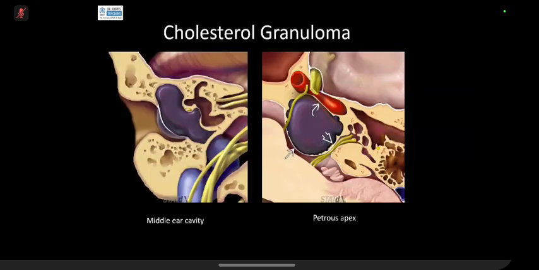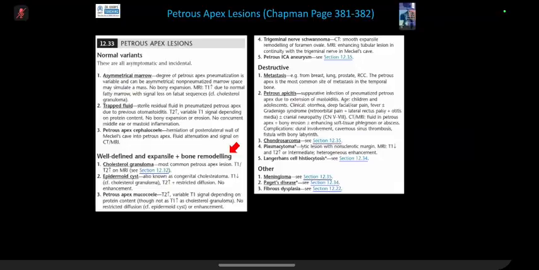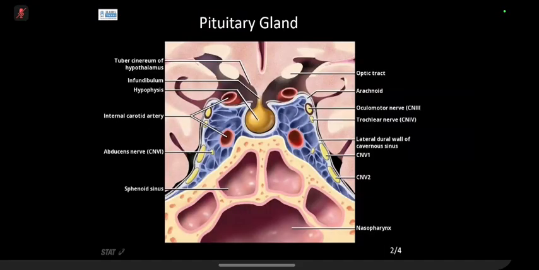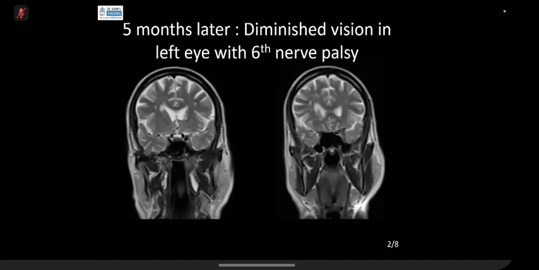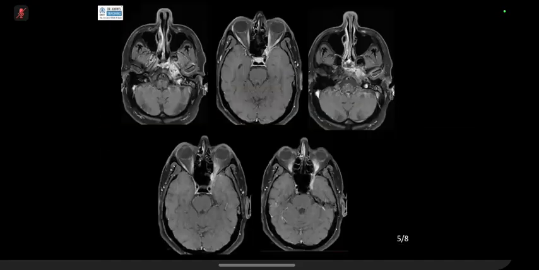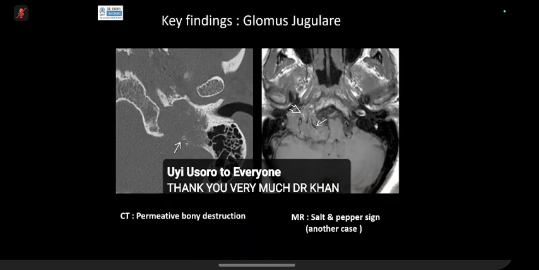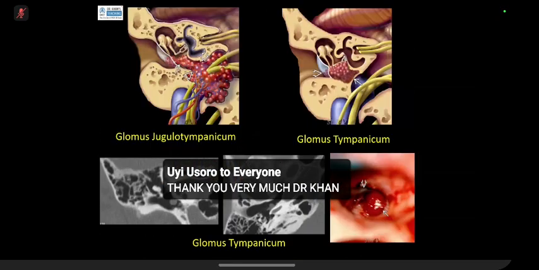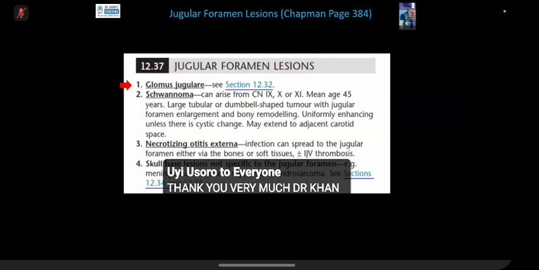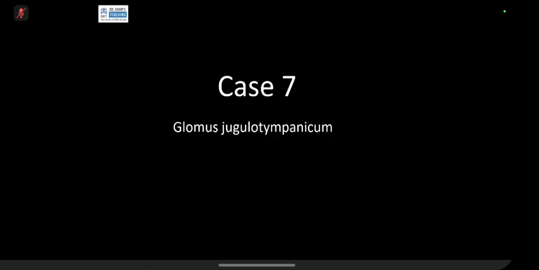But one thing which I want you to please remember is that in the differential of tumors of the middle ear cavity, one thing which you could have considered is glomus tumor.